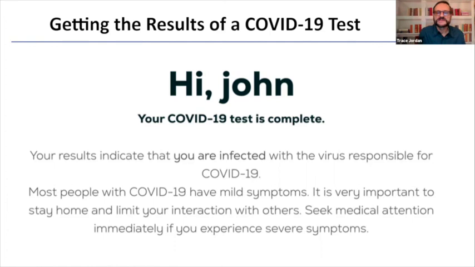One thing that this does not say is what type of test was performed. So that would be something that we might want to follow up with and learn more about. And we learned that there are various types of tests for the virus, in particular the PCR test and the antigen test.